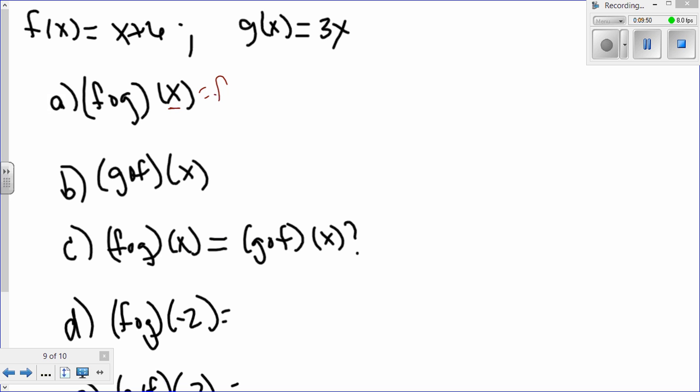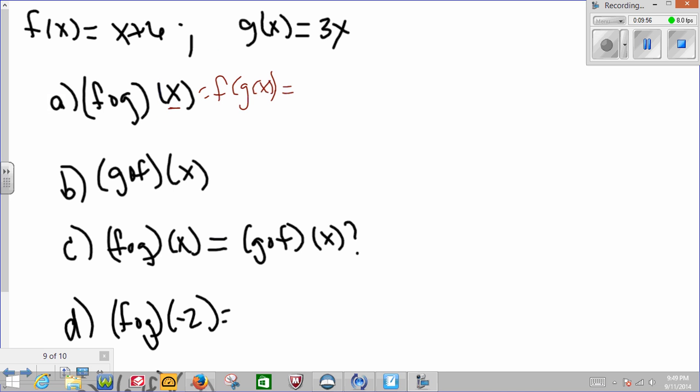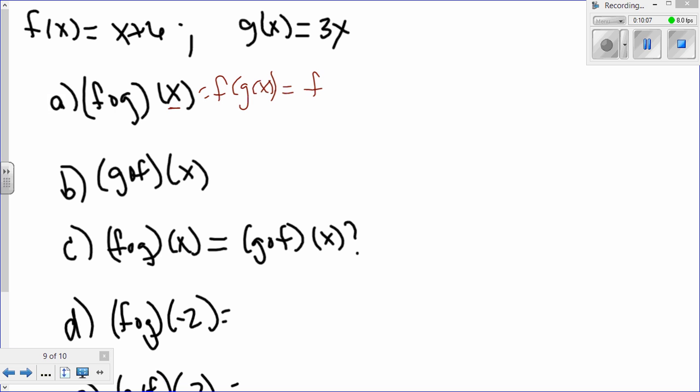And I can rewrite that as f of g of x. Okay, so that means I'm going to take g of x, which is 3x, and substitute it in place of x in f of x. So I'm going to take f of 3x, and wherever I see an x, which is just right here, I'm going to put a 3x plus 6.